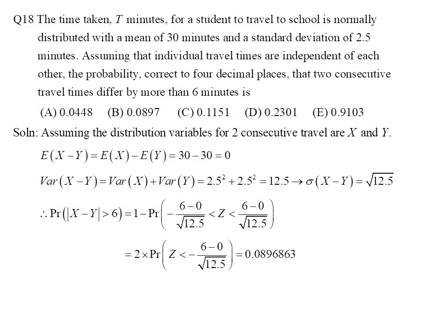Considering the symmetric nature of the distribution, it is written as 2 times the probability of Z less than -6 over the square root of 12.5, which equals 0.896863. Therefore, the answer for question 18 is B.